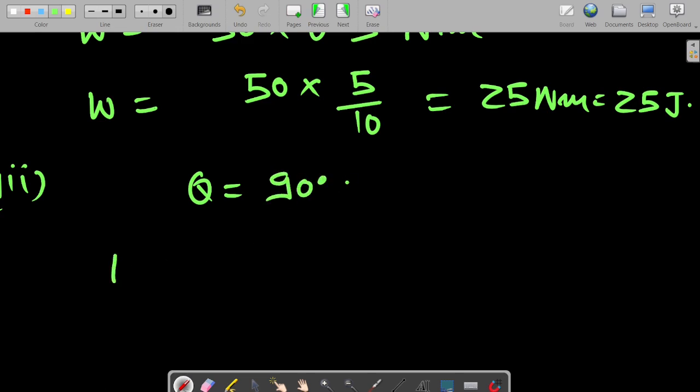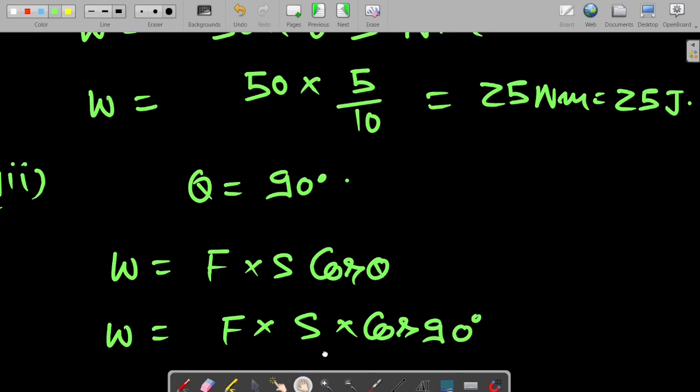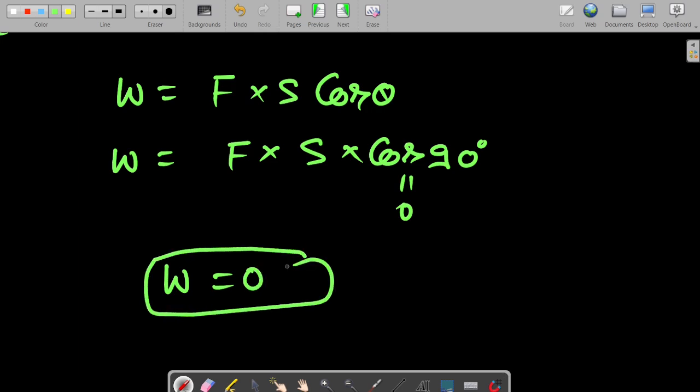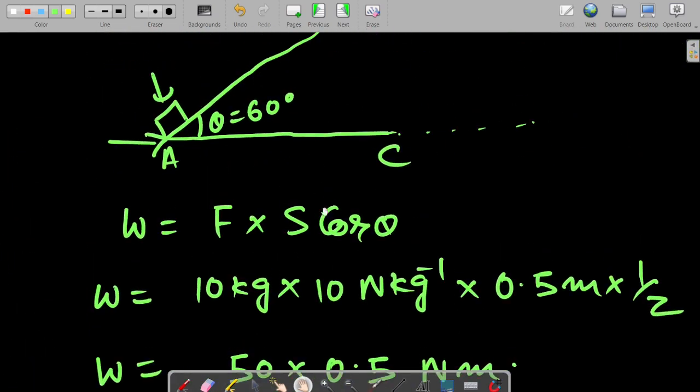Okay, so you know the expression of work, F s cos theta, and if you take 90 degree, the value of cos 90 degree is 0. So your work will become 0. So in this way we have solved all the three parts.